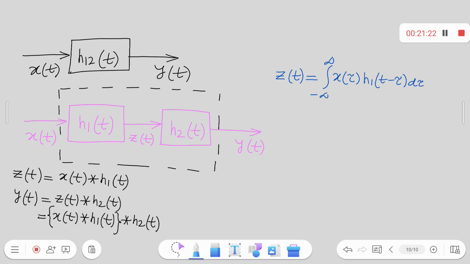And what is y(t)? y(t) is the convolution between z(t) and h2(t), so I can write, letting it be z(m), the integral from minus to plus infinity of z(m) h2(t minus m) dm. Clear? It is just a change of variables over there, right?